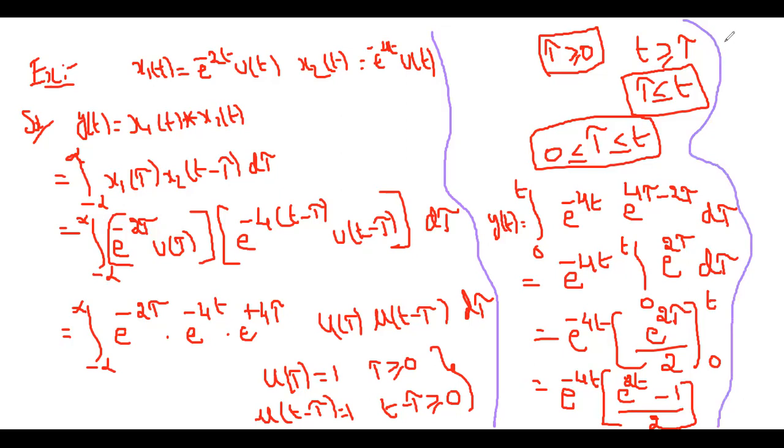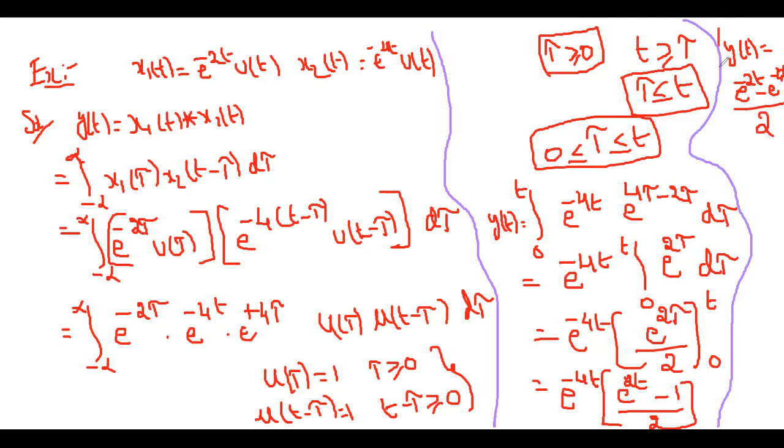What is y of t? y of t is equal to the product of these two functions, e power minus 4t and e power 2t. Bases are the same, so you can add the powers. Minus is the greater value, so e power minus 2t, and 1 into e power minus 4t, minus e power minus 4t, by 2.